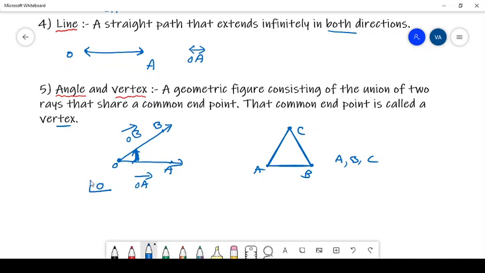Angle is denoted like this, angle O. Here angle A, this part is the angle A. This is the angle B. This is the angle C. This part is called the angle C.